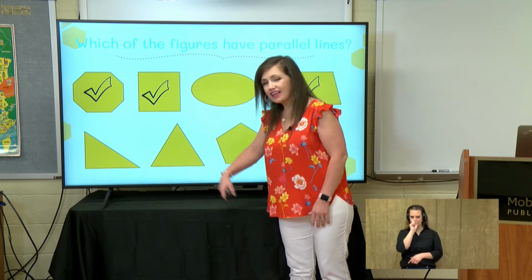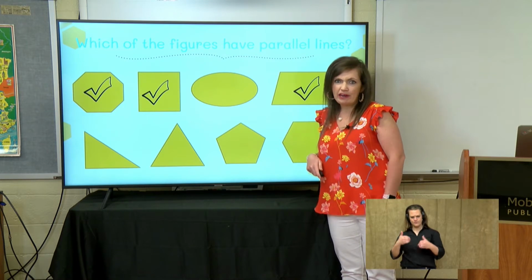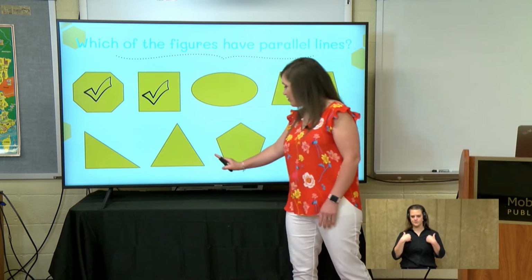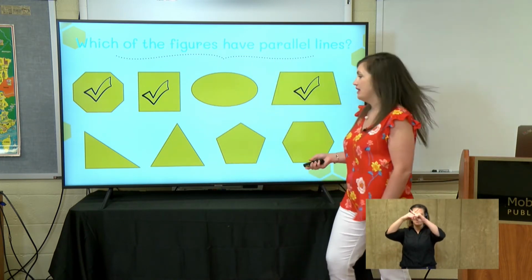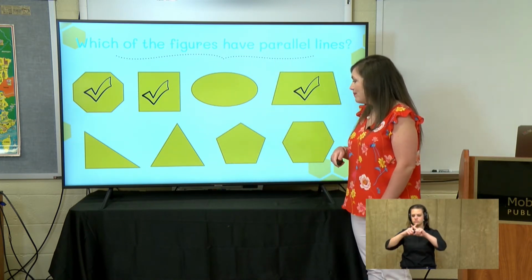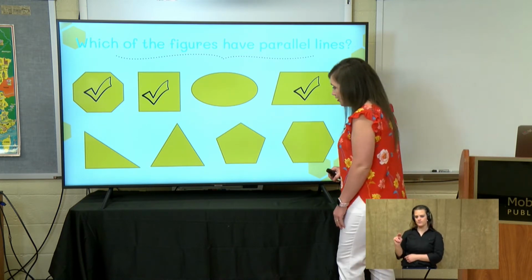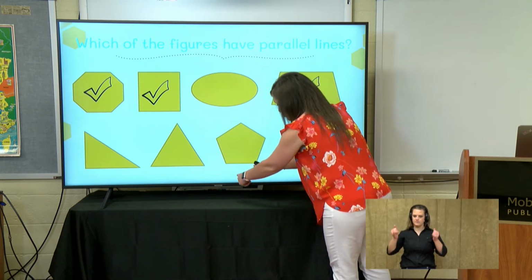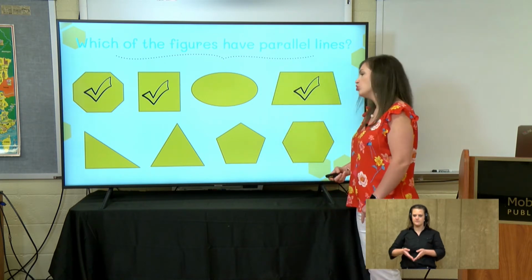All right, let's look at this triangle. Does it have any parallel lines? No, none of those lines, all of them would cross or meet if we extended them. All right, what about this pentagon? All right, let's look at these two sides. If they were to continue going, if we were to extend those lines, they would eventually cross.